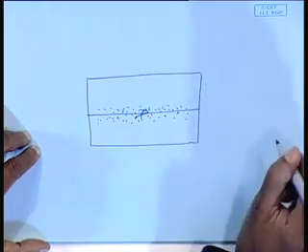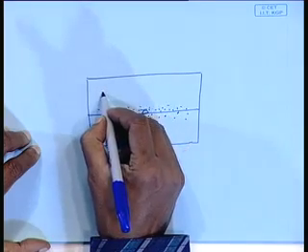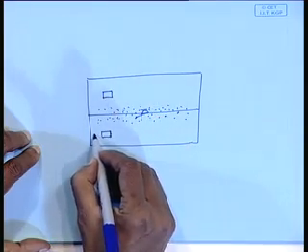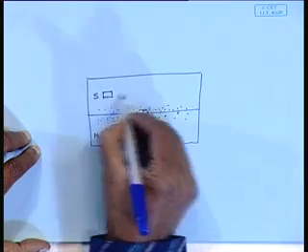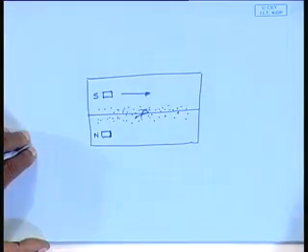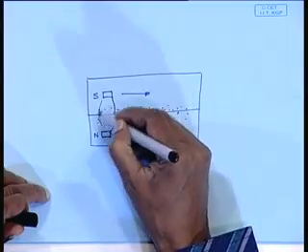Then you move a magnet, a horseshoe magnet suppose, in this direction. You just move the magnet along the welded zone. So, what will happen? You know, the magnetic lines of force will act through this.